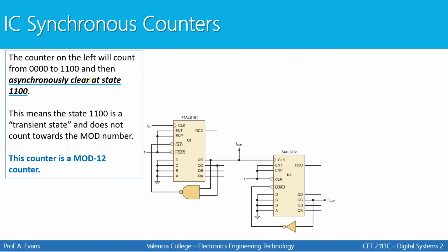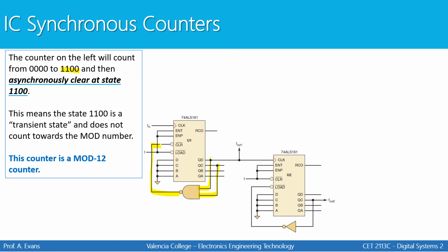The counter on the left will count from 0, 0, 0, 0 to 1, 1, 0, 0. How do I know that? Let's take a look. QD, QC are being fed into a NAND gate. So when both of those outputs are high, basically when you have 1, 1, 0, 0, the output of the NAND will be low.